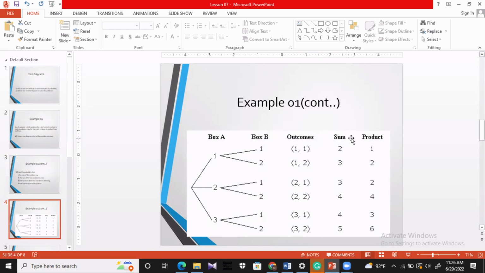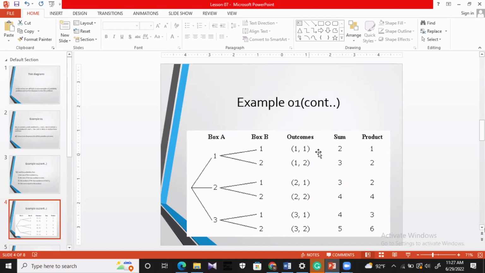We need to consider their sums and products as well. Understand? Clear? Because the questions are regarding the sum or product, right? Therefore, you have to consider their sums and products as well.